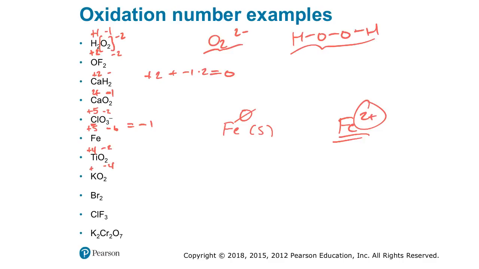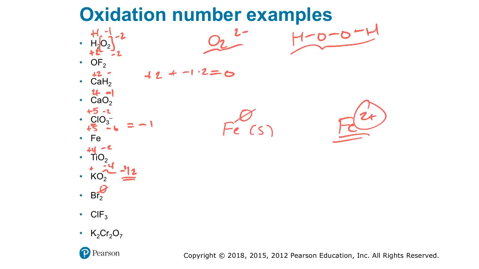KO2 is a +1 minus 1, so that's a potassium superoxide, minus a half for the oxidation number on each of the O's in KO2. So superoxides are the only examples that we see here where we get a fractional oxidation number. Br2, elemental form of bromine, has to have an oxidation number of 0.